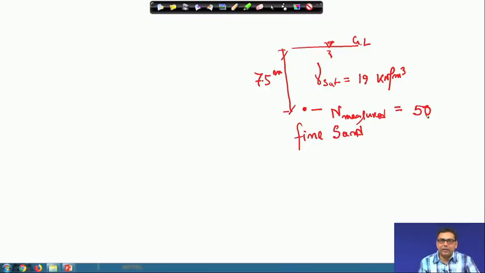Now, we have to apply the corrections and determine the corrected N value. The first correction is for overburden pressure, which is Cn, applied to N measured. As per the IS code, for Cn we use the chart that I showed you in the previous class. In this chart, it is given in ton per meter square.